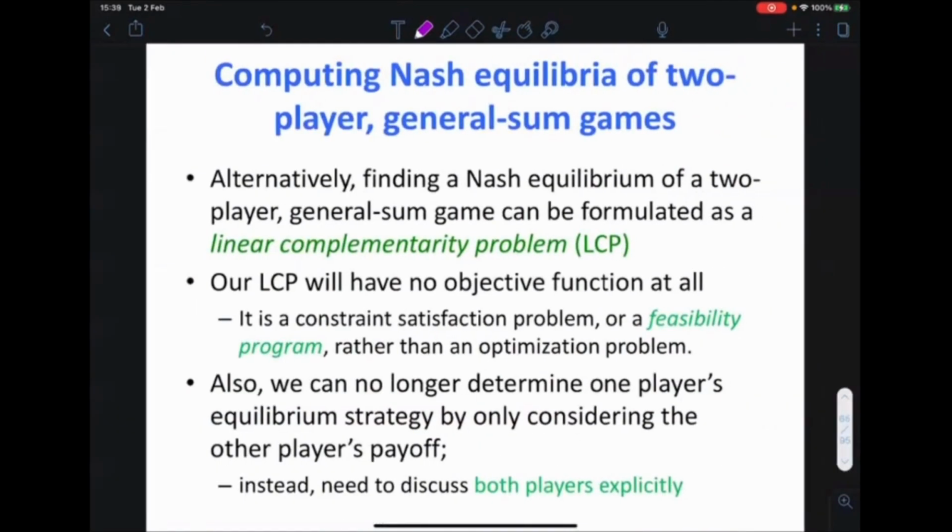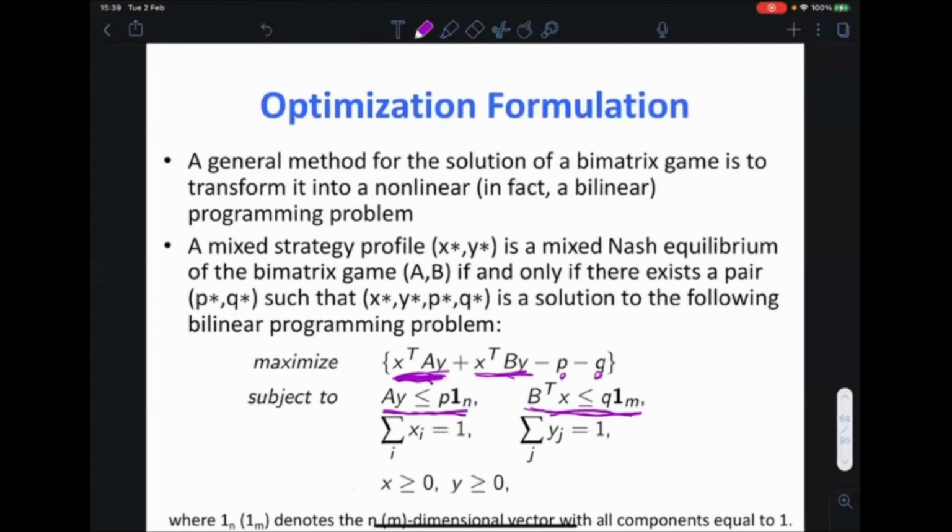So think about this. In fact, you could write it down as a linear complementarity problem. The difference is that in standard optimization, in the end what you want is that it's really nothing, it's really equal to 0, isn't it?